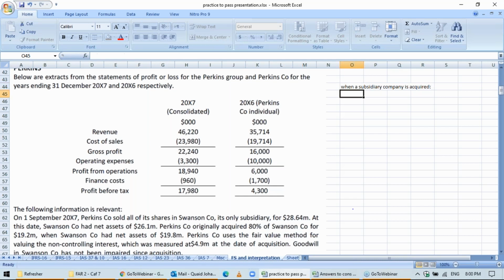Consolidated financial statements will be prepared.